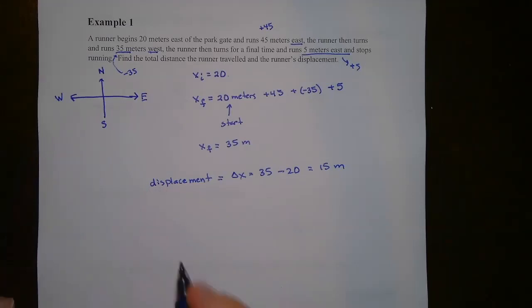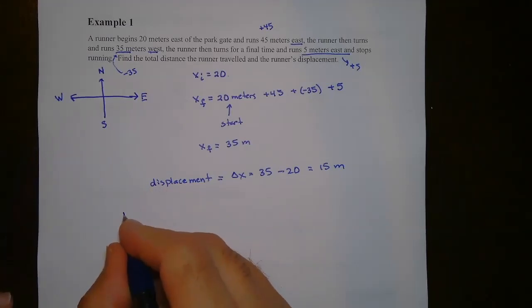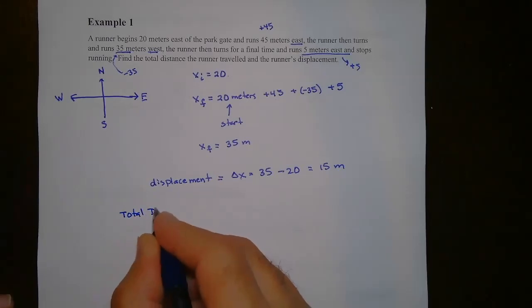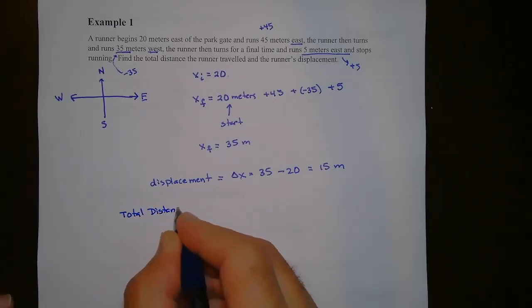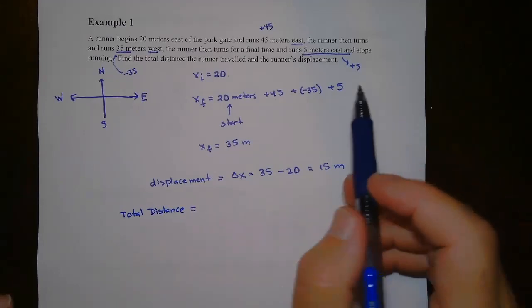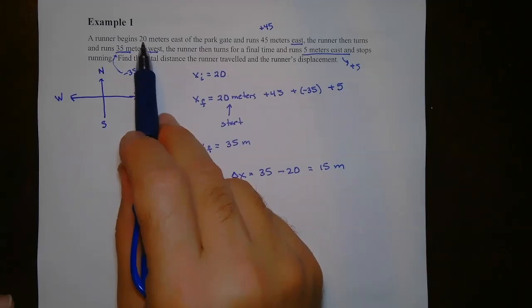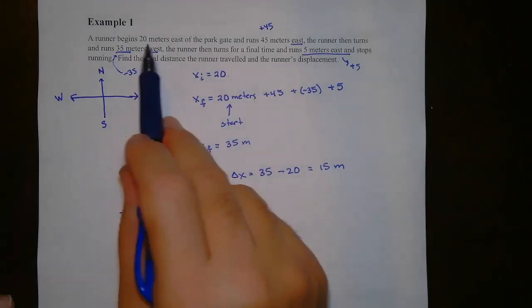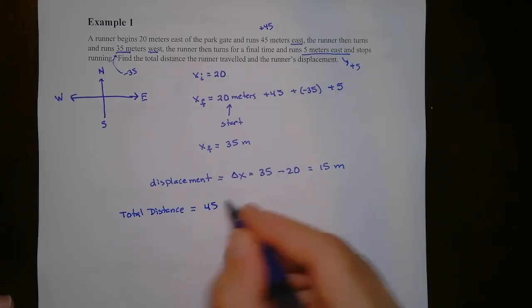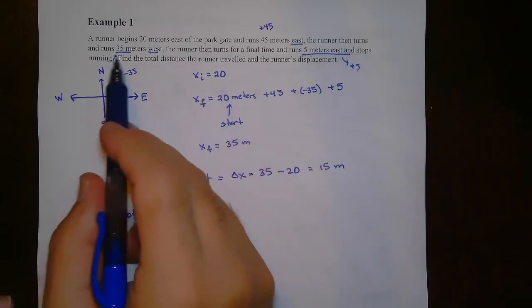Okay, now what's the total distance traveled? And this is going to be a little bit different. Okay, so we started at 20. That's not a distance that we traveled. That's just the location that we started at. So we traveled 45. So this would be 45. And then turns and runs 35 meters west.